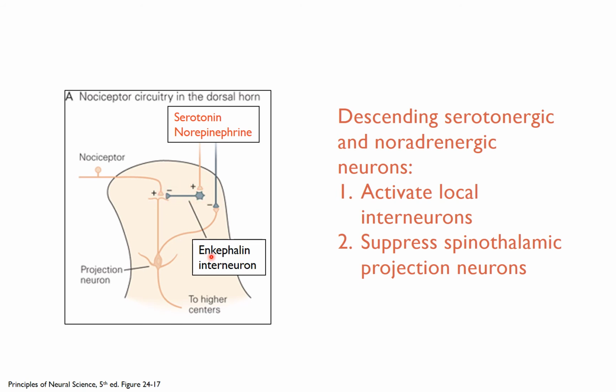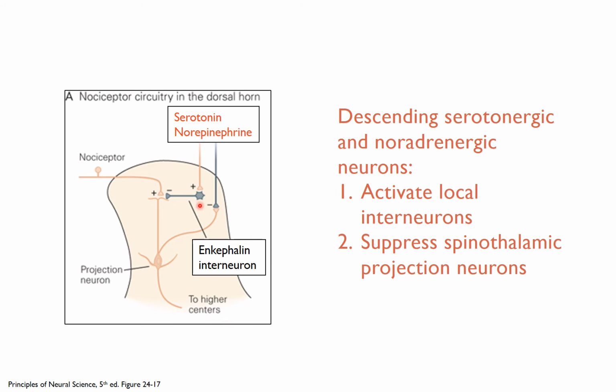In this case, it's enkephalin. It can also release glycine. That interneuron will squeeze its way into either the presynaptic side or the postsynaptic side and induce a presynaptic or postsynaptic inhibition that will then impact that secondary sensory neuron and reduce the intensity of nociception that would otherwise go on to the brain.